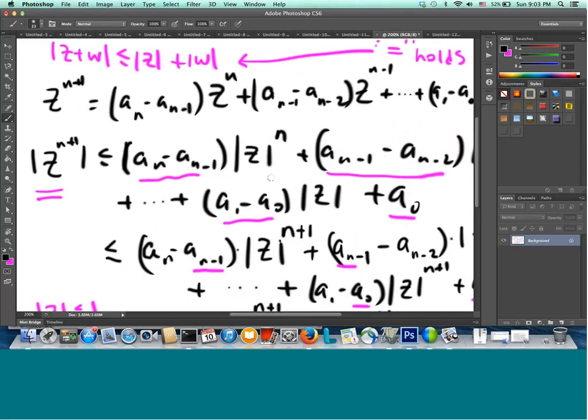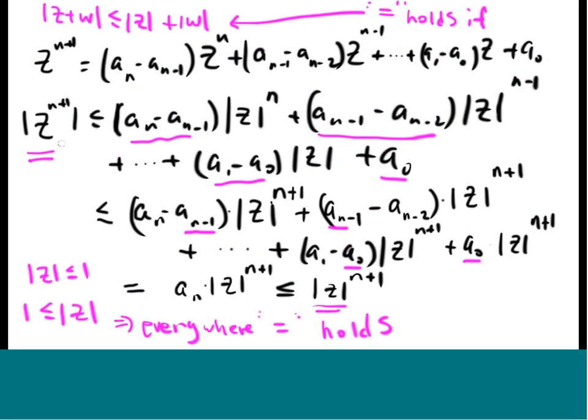If that's the case, which means Zn and Zn plus 1 is going to be only different by a real number.